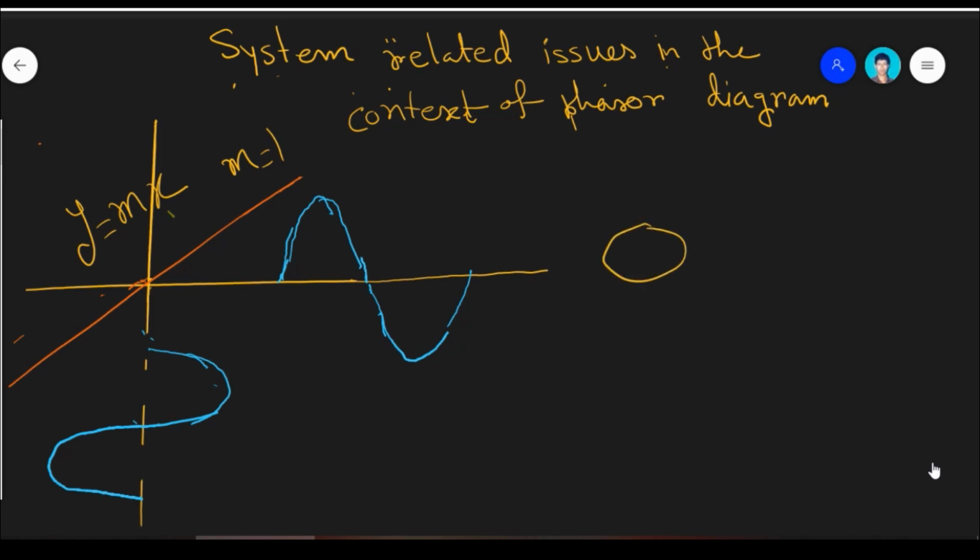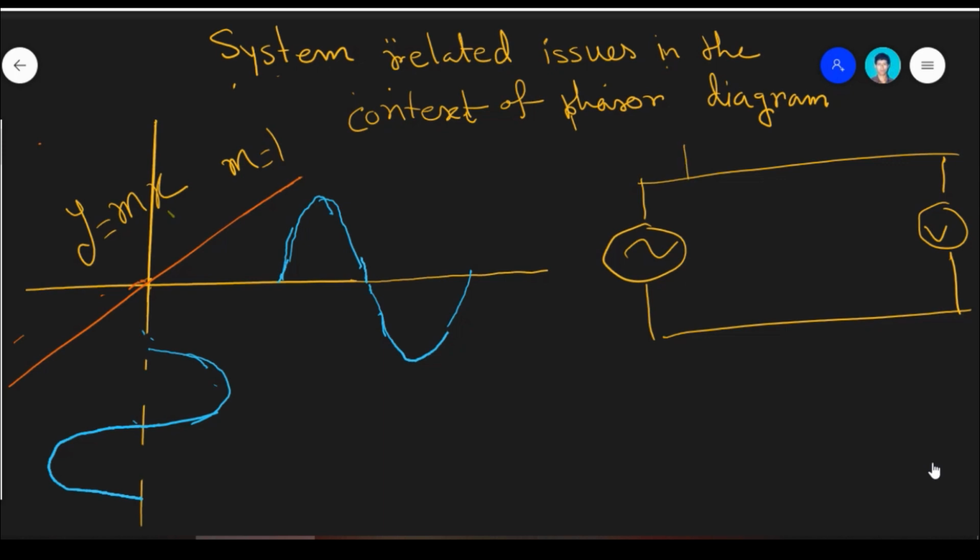Like here you have one voltage source, and you take a long wire, rather a pair of wires, and you just connect here. This is a voltage source and you connect one voltmeter across here. So this long wire we can consider as my system.